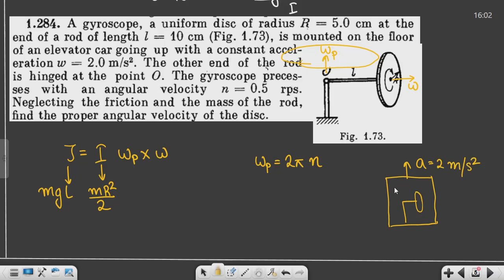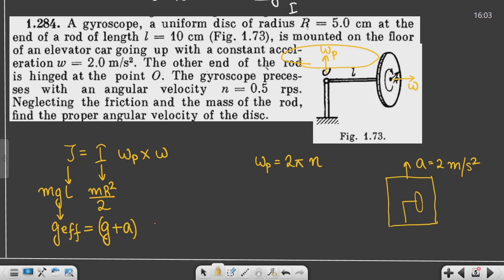And what do you do when the lift moves up with acceleration A? Everything becomes G effective. Whatever G I wrote out here would become G effective. When the elevator moves up, G effective is equal to G plus A or minus A?